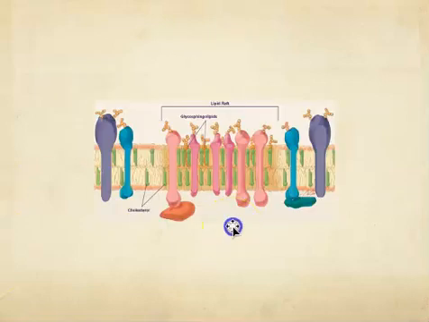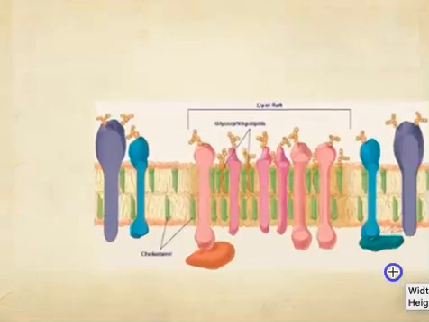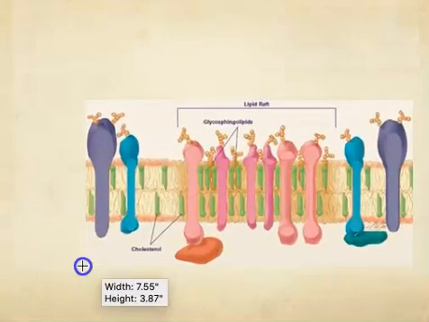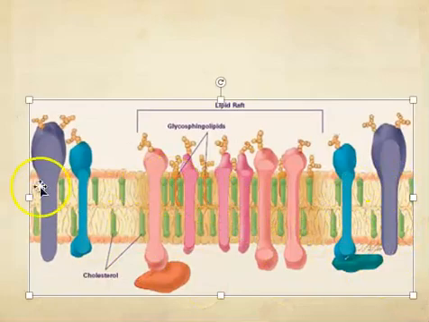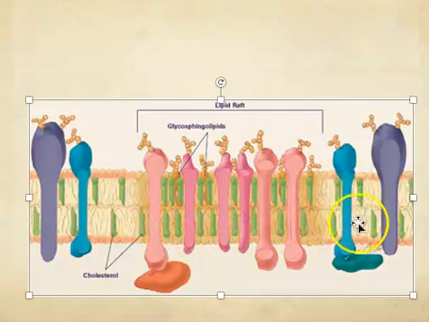Take a look at this drawing, and you can see one of these lipid rafts. Here's that same sliver of membrane we looked at a couple of minutes ago with the yellow tail region, the green cholesterol, and so on. What you're looking at right in the center here is a depiction of a lipid raft.